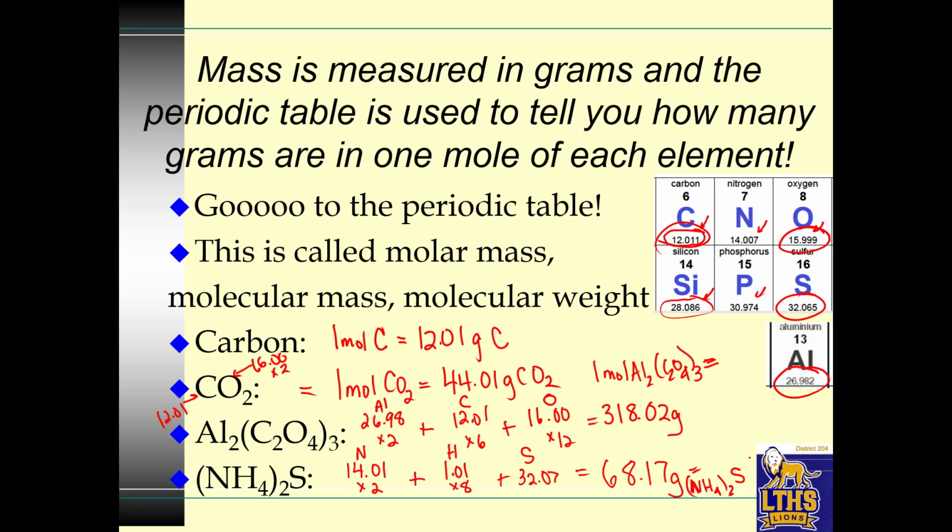Equal, and this is only for ammonium sulfide. Right? This is 1 mole of ammonium sulfide. All right, so this is only 1 mole of aluminum oxalate, right? And this is only 1 mole of carbon dioxide. That's only 1 mole of carbon.